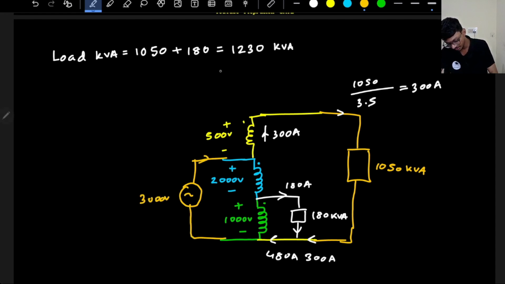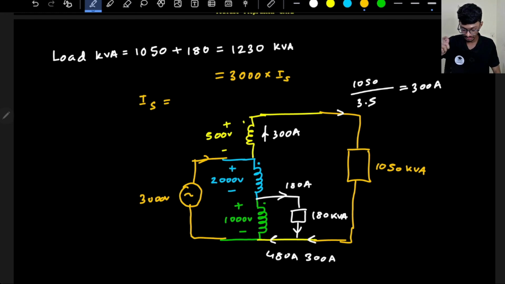So I should equate this to the input, because the assumption is this is an ideal auto transformer, so there are no losses here. Okay, so input will supply this value, that is 3000 into I_S. So here I_S will be equal to 1230 divided by 3, so this will be 410 amperes. Okay, so I_S current will be 410. Here this current will be 410.